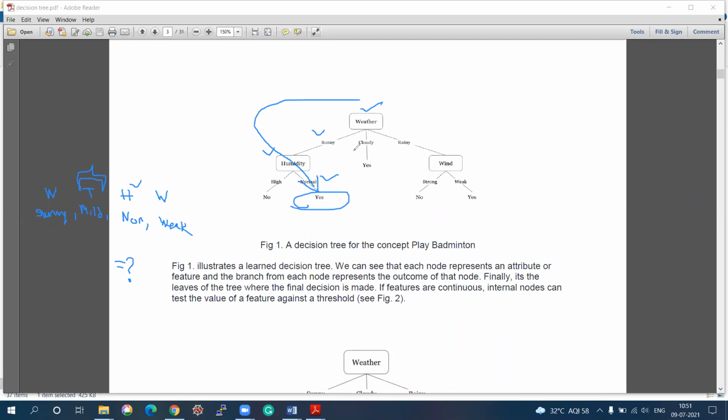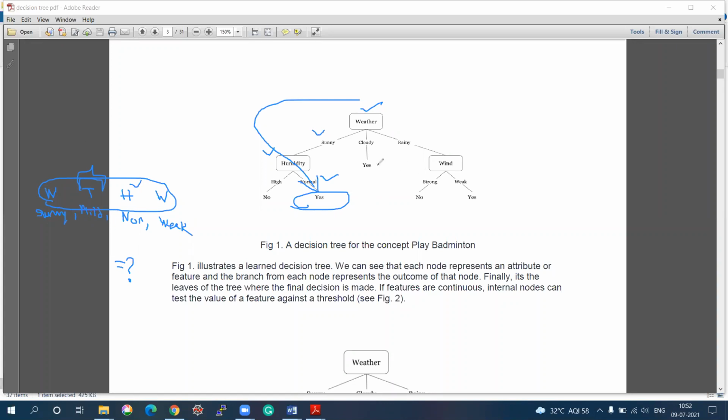This decision tree was made from the training examples, where 10 instances are given. Based on this decision tree, we can take decisions for any combination of these 4 attribute values, because you have made this decision tree.